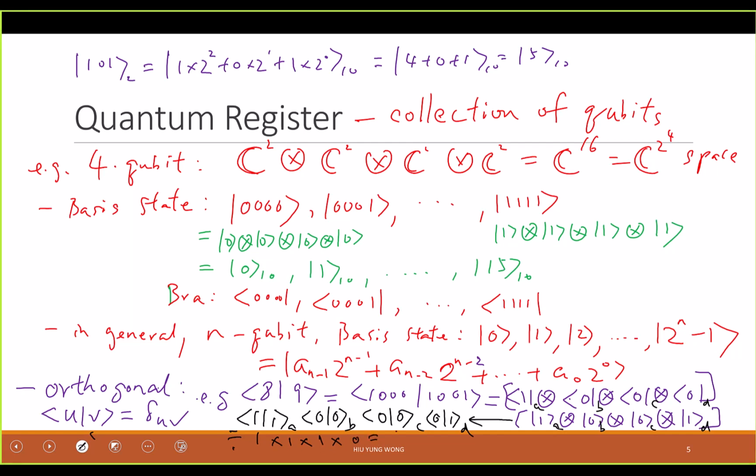What is that? 0, right? So as long as there is 1 qubit value that is different, then it is not the same basis vector, which makes sense, right?